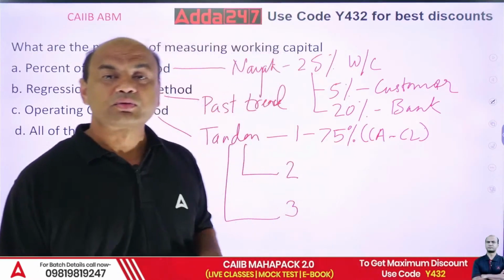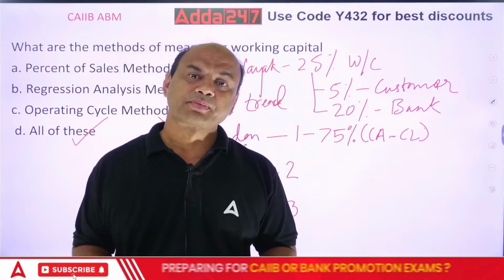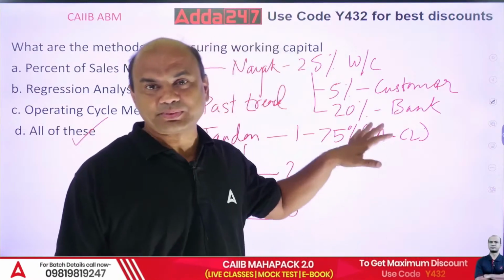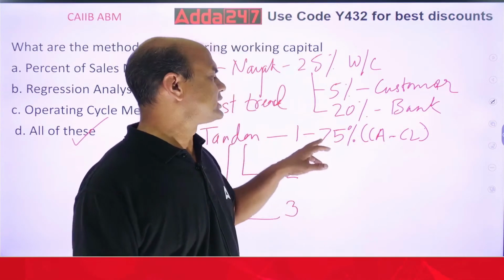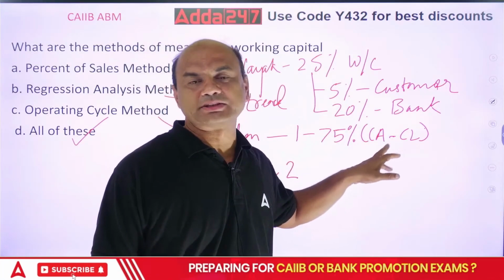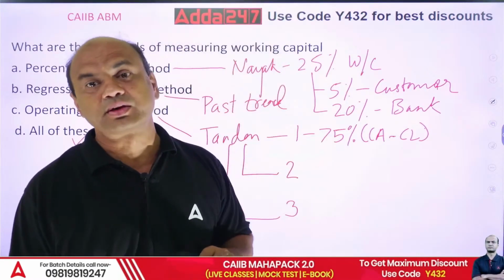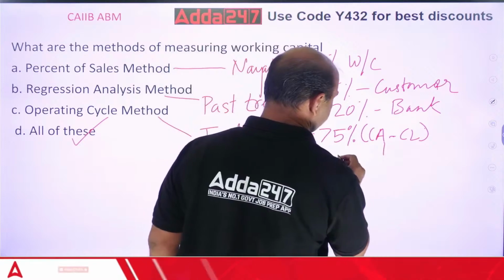But the purpose of the sessions is not to give you just the answers A, B, C, D, but to explain the concepts. That's very important. So here, 75% into current asset minus current liabilities. This current asset minus current liabilities is known as working capital gap, or WC gap.